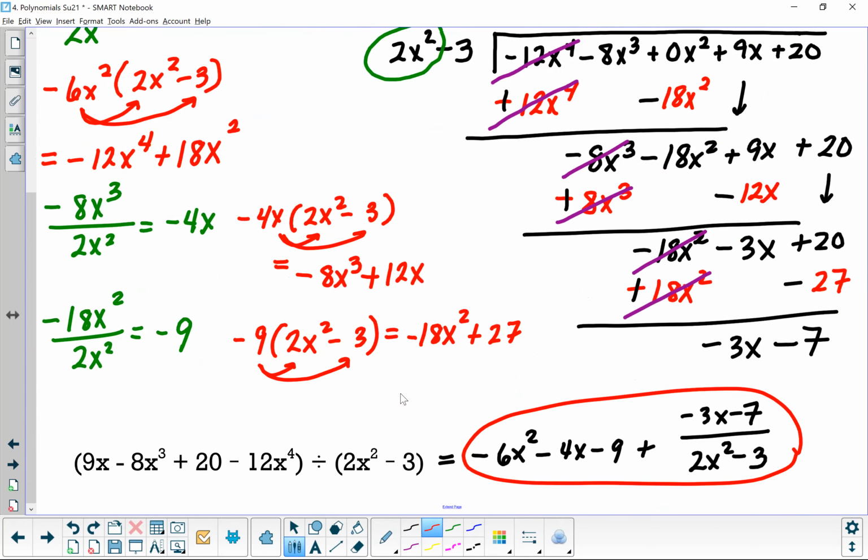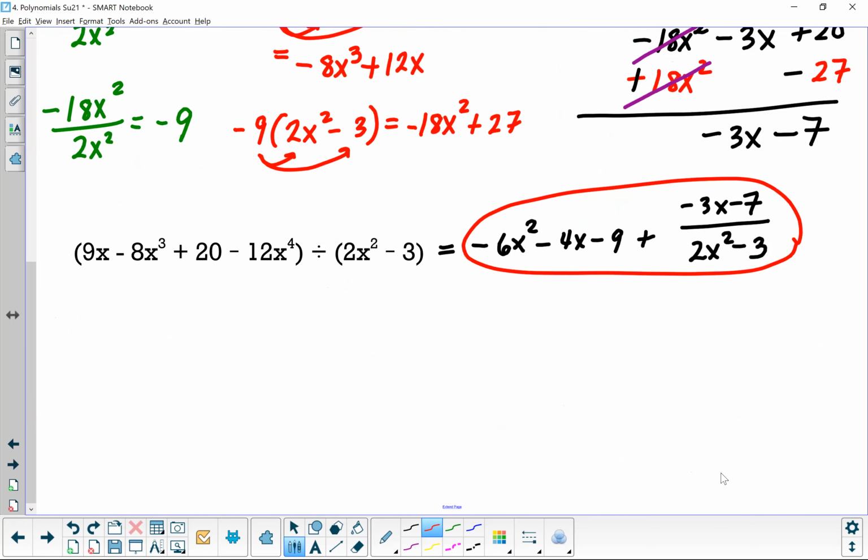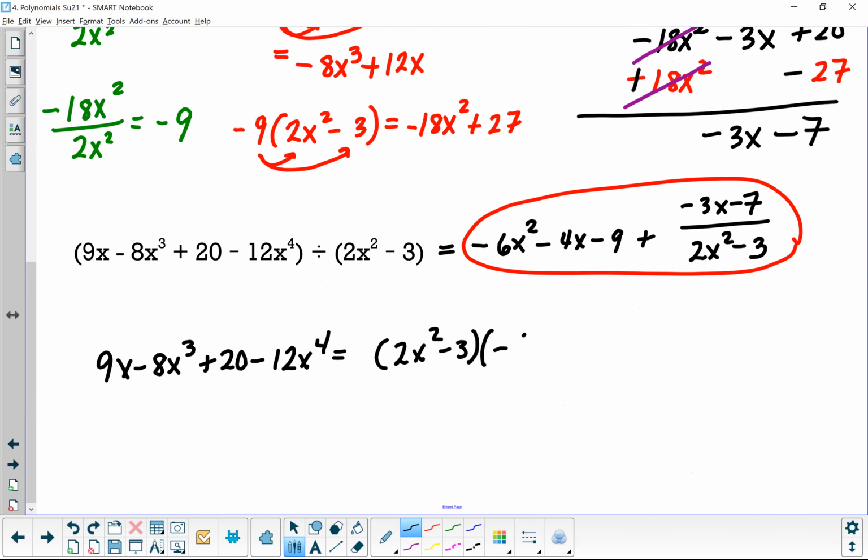Okay, but as always, remember, you can check your answer because we know that our dividend, which is 9x minus 8x cubed plus 20 minus 12x to the 4th, should be equal to our divisor multiplied by our quotient plus the remainder.